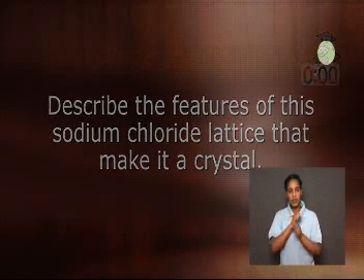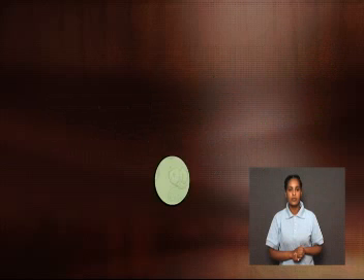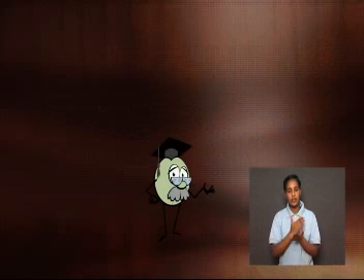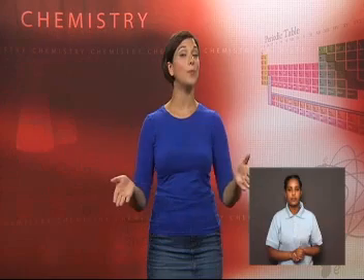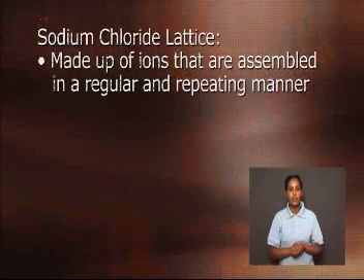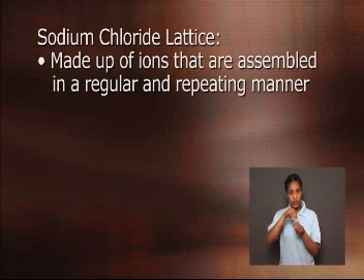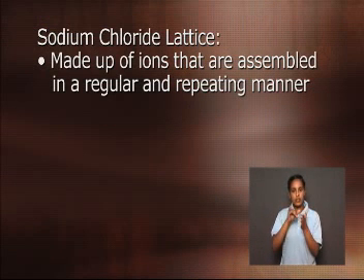Time's up! Let's get back to our lesson. Welcome back, students. I hope you enjoyed that activity. The sodium chloride lattice is made up of ions that are assembled in a regular and repeating manner.